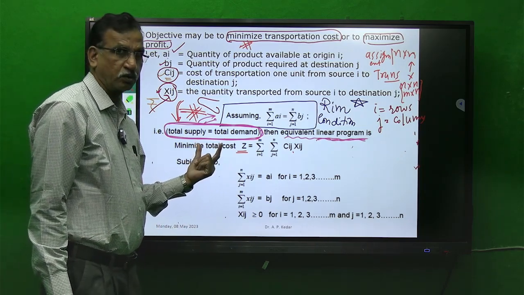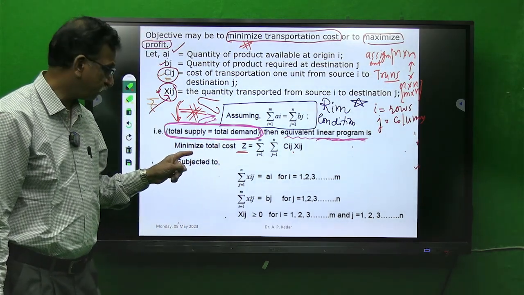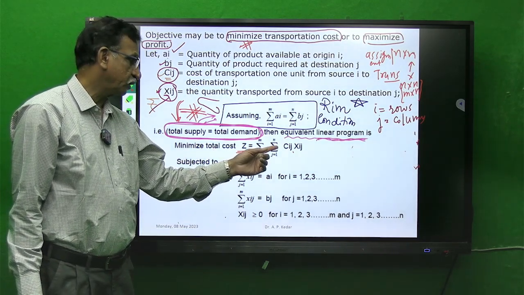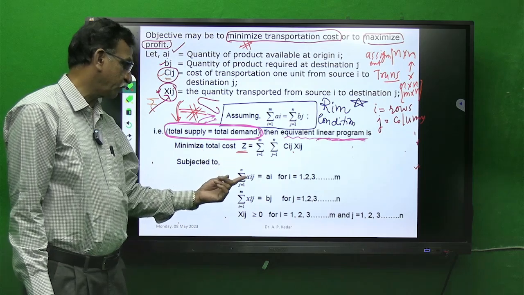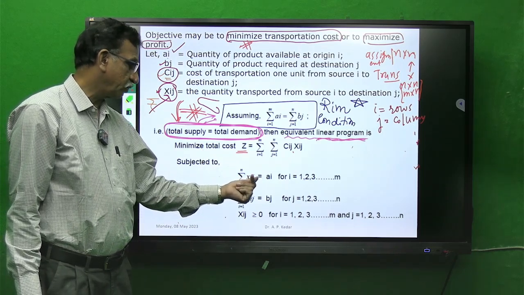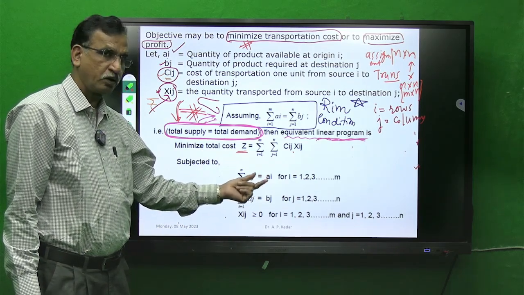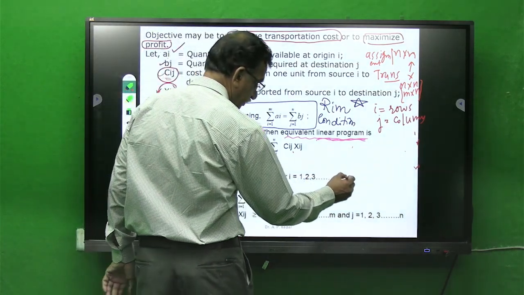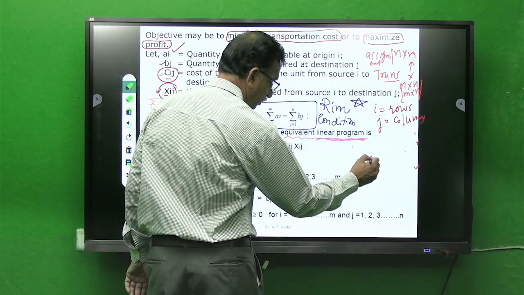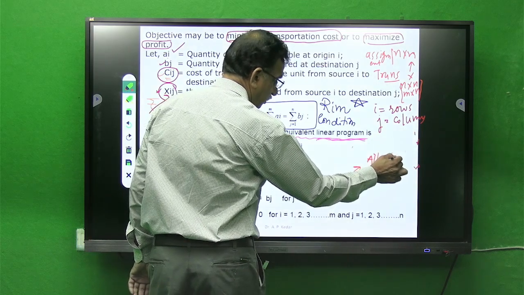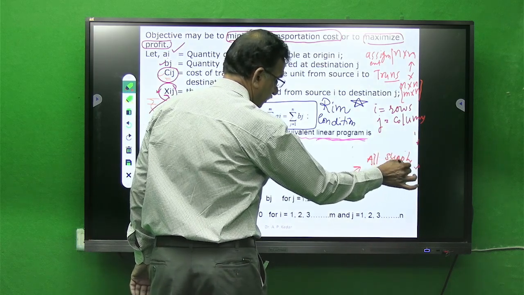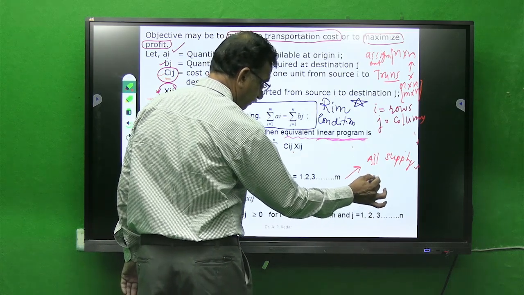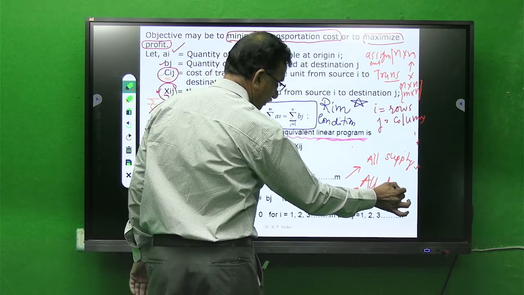Minimize total cost, which can be reversed to maximize total profit: double summation Cij Xij, subject to the sum of Xij equal to Ai, meaning these equations will be for all supplies, and the sum of Xij equal to Bj, this equation will be for all demands.